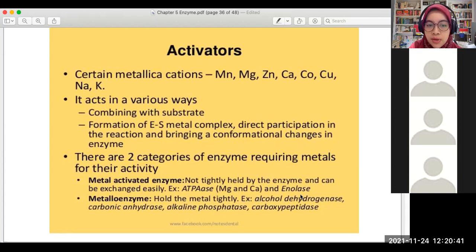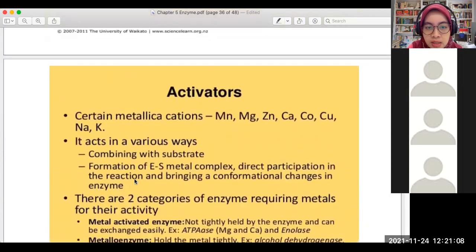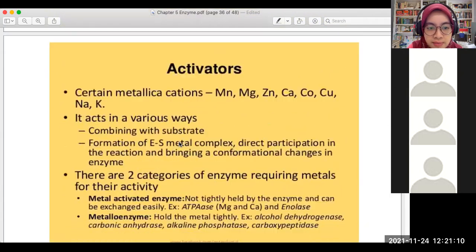We also have metalloenzymes. What differs from metal-activated enzymes is that metalloenzymes hold the metal tightly, meaning they bind permanently, or the bond between the enzyme and the metal is longer-lasting and tighter. So that's our activators.